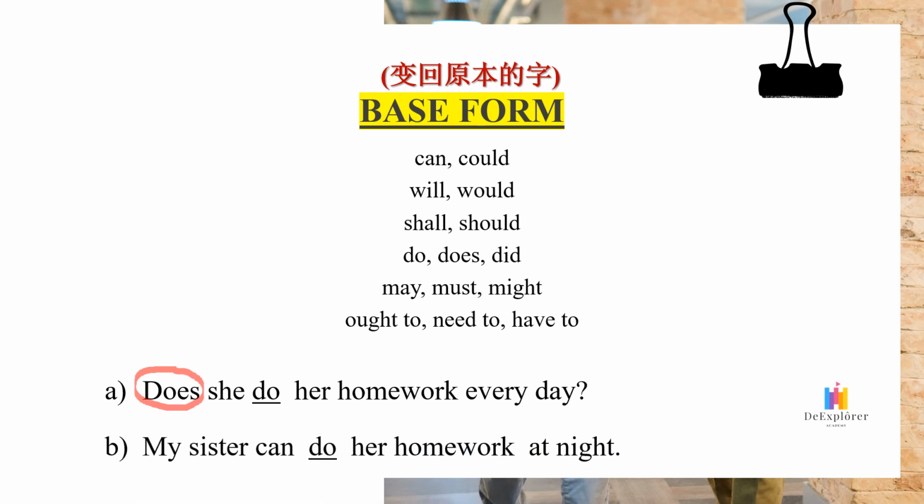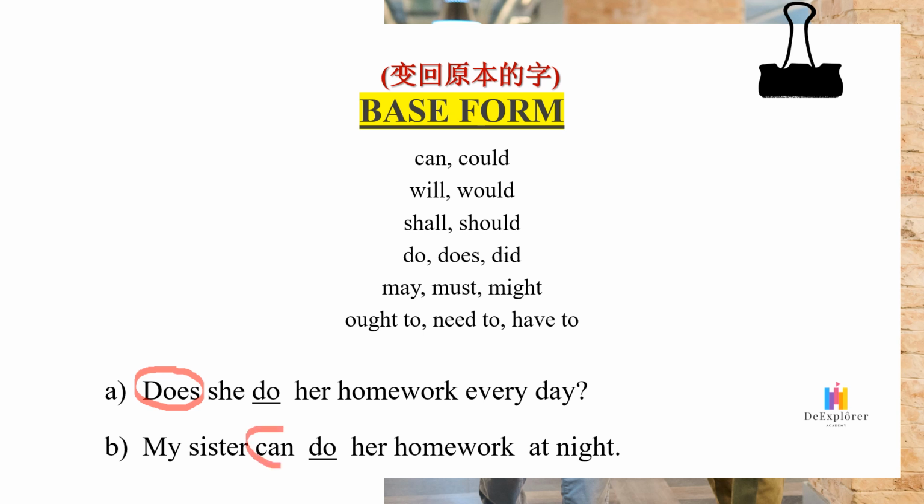Another example. My sister can do her homework at night. See, my sister can do her homework at night. So my sister is singular subject. My sister does. But in this case, again, we don't use does, but we use do. Why?